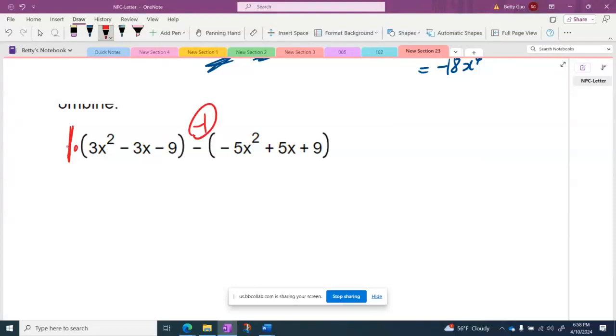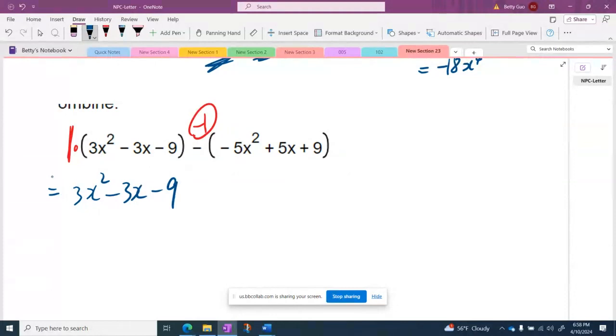The second parenthesis has coefficient -1. Since the first parenthesis has coefficient 1, we are able to literally remove it. So all three terms in the first parenthesis are going to remain the same: 3x squared minus 3x minus 9.